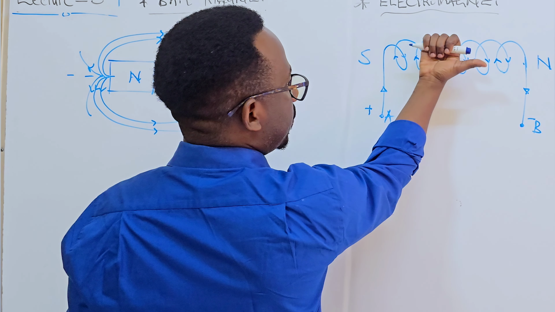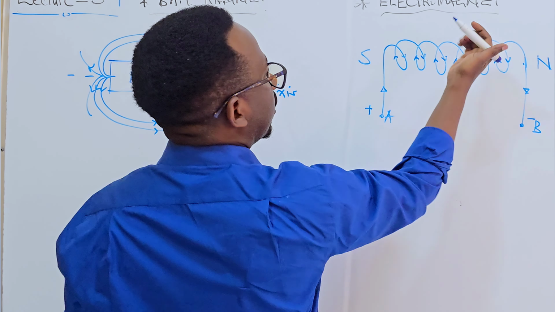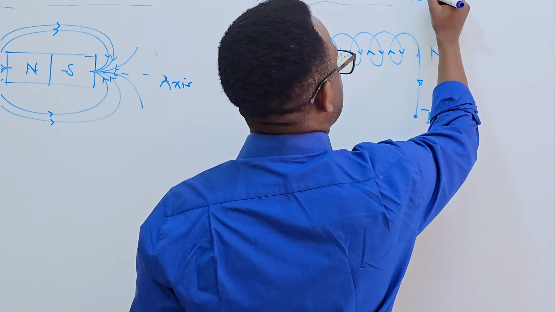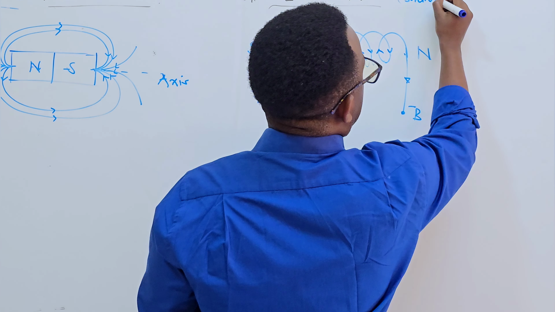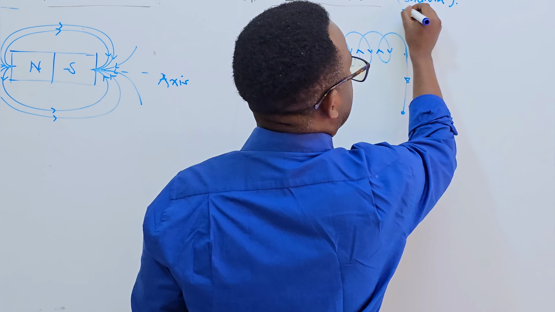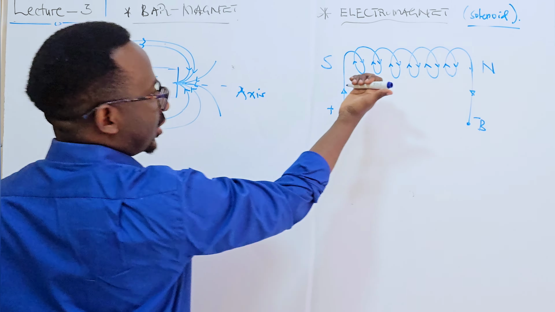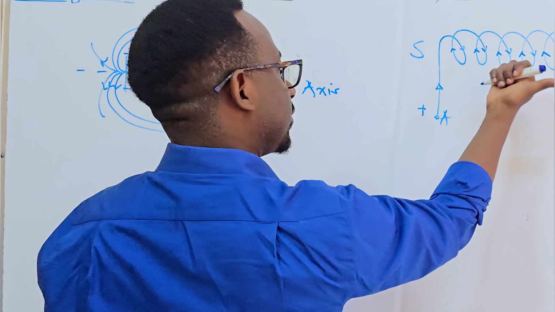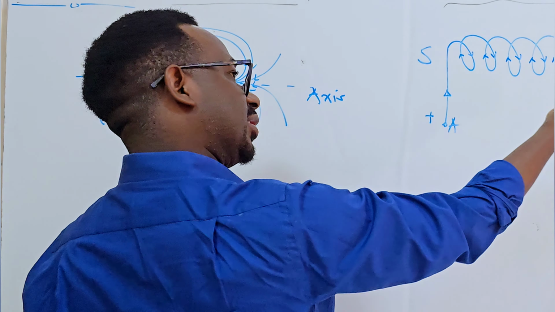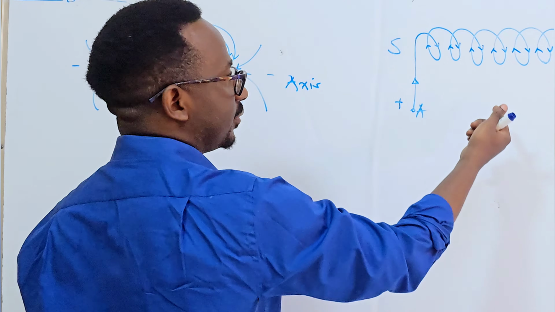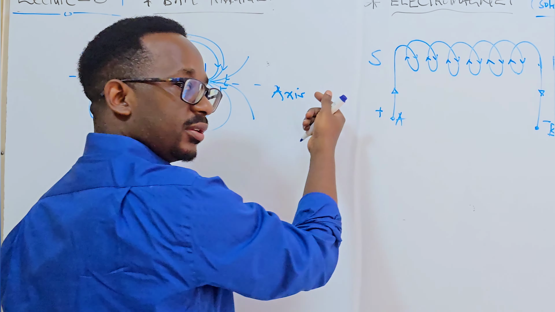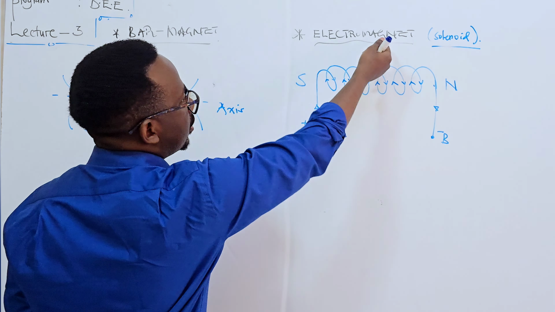So, the right hand grip rule around the solenoid goes something like this. It is there to determine the polarity of the solenoid: where is the north and the south pole of that electromagnet?